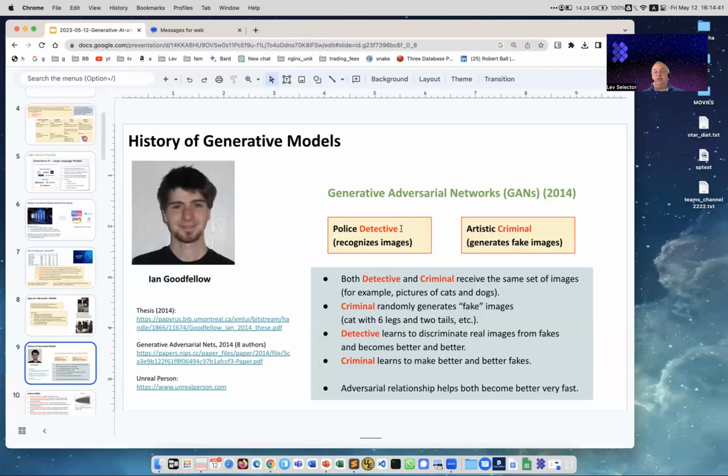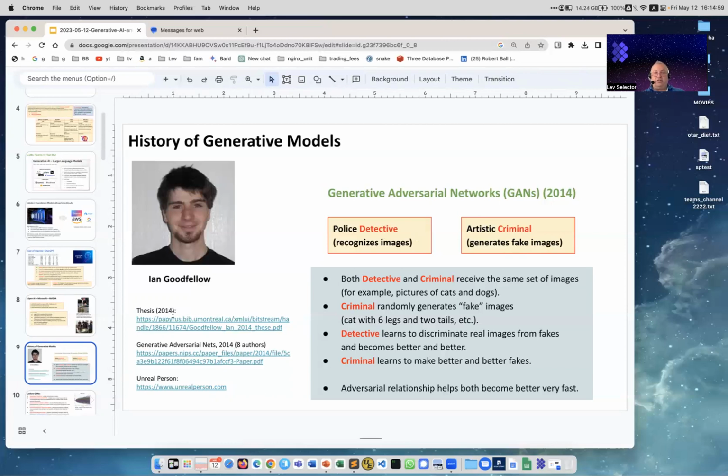And as the police detective becomes better, the artistic criminal also becomes better, and they end up creating very, very good images, and the detective becomes very good at recognizing them. So they're helping each other to become better at their job, right?